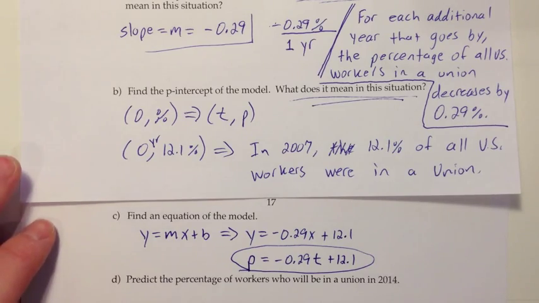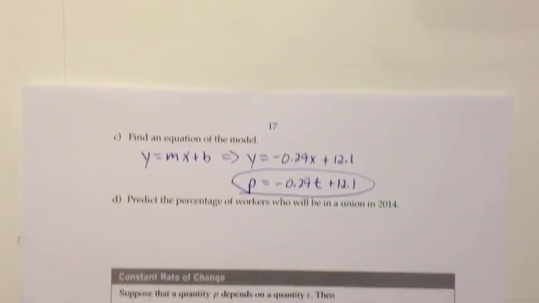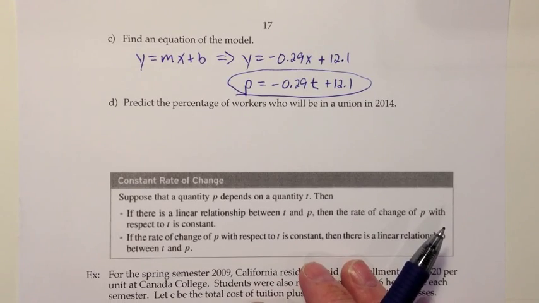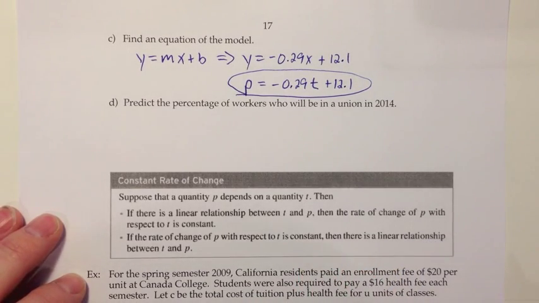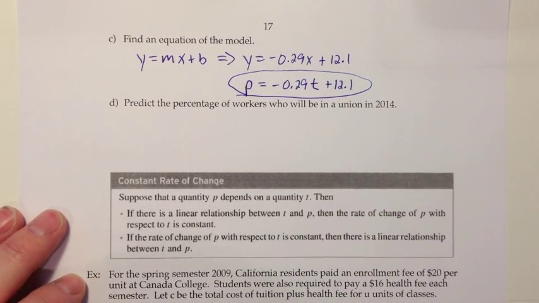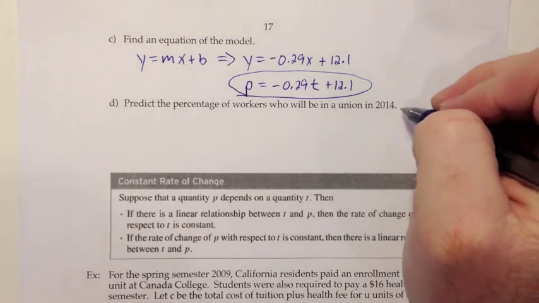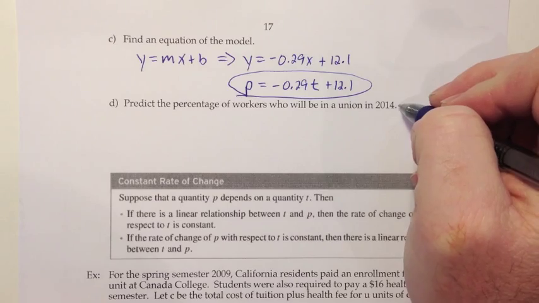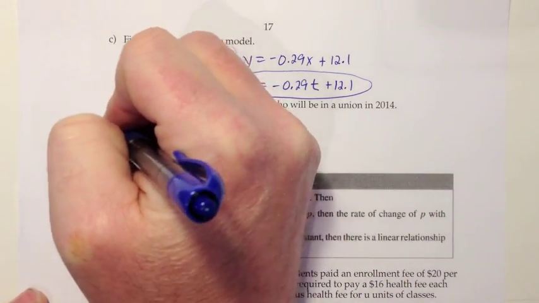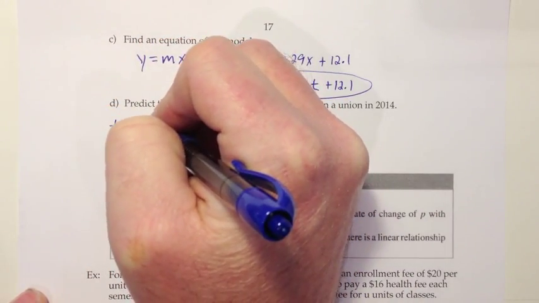Now, once we get that equation, this prediction they're asking us to make should be somewhat of an easy job. They want us to predict the percentage of workers who will be in a union in 2014, and so what we want to do is just use our equation to do the best we can with that. So in 2014 we have to figure out what would t be, and t is the number of years since 2007.